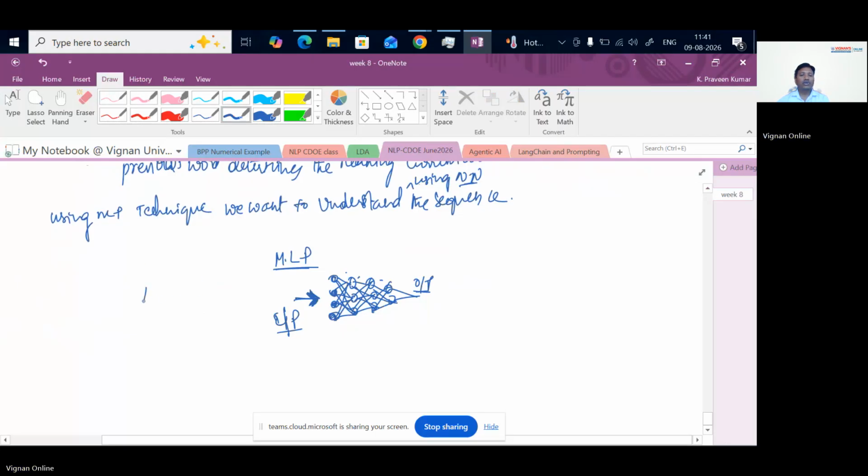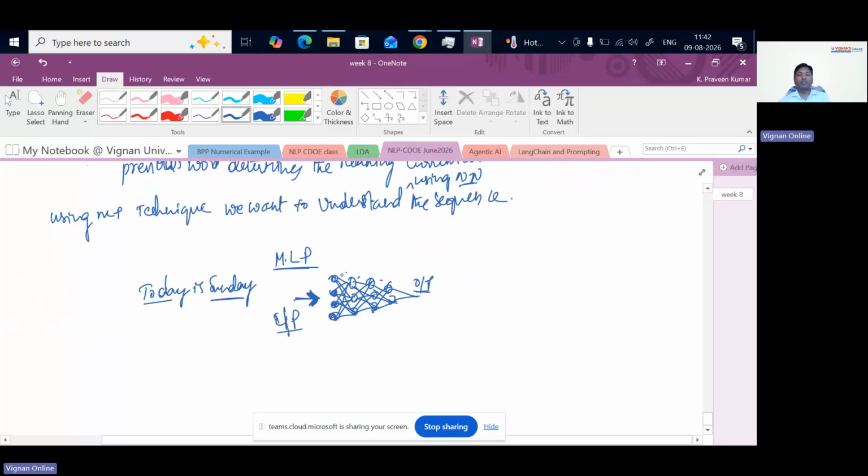Suppose I give a sentence, today is Sunday. If you do not have this word today, there is no meaning for Sunday, because Sunday can be any day. What is the context we are talking about with this Sunday? When I say today is Sunday, it means today we need to do some special activities. Some context is connecting with this word.